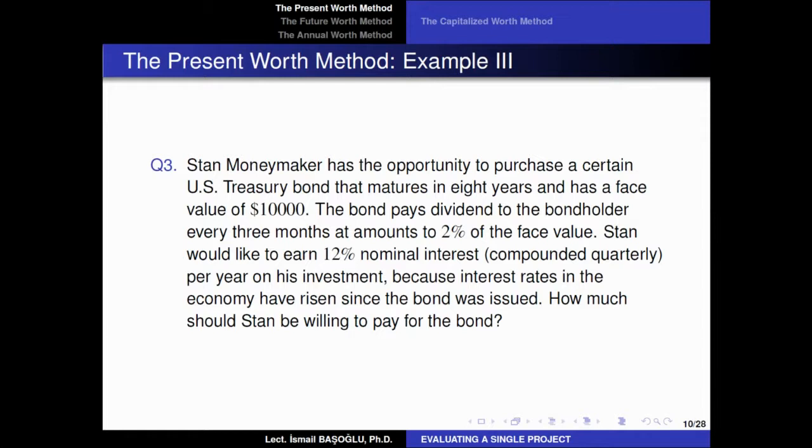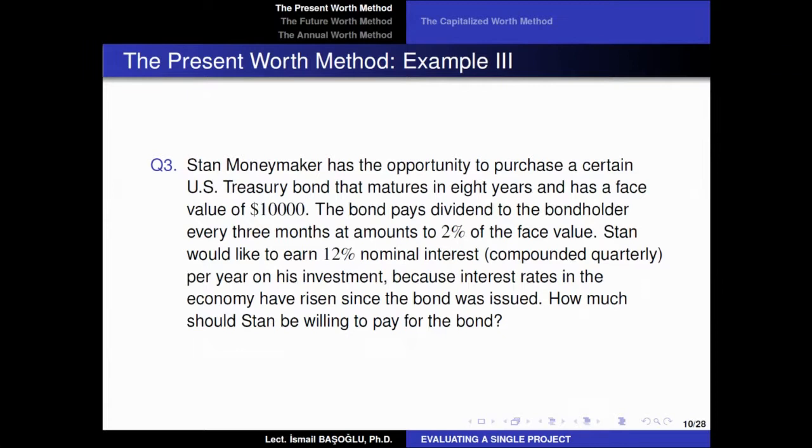So Stan Moneymaker is going to purchase this bond for 8 years. At the end of every 3 months, he is going to get $200. And at the end of 8 years, he is going to get $10,000.